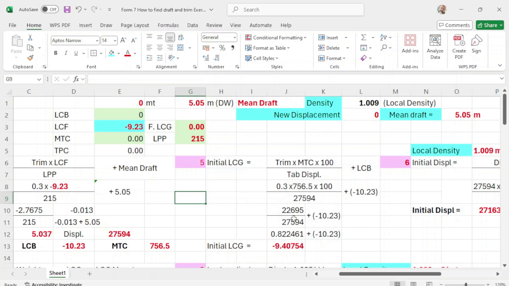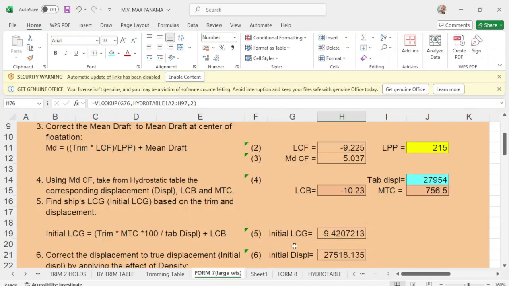That will be 22695 over your displacement, plus your LCB of negative 10.23. Divide this one, that will be 0.82245, plus your LCB of negative 10.23, and the answer will be initial LCG is negative 9.42072. That is number 5. So number 5, initial LCG is negative 9.4207.